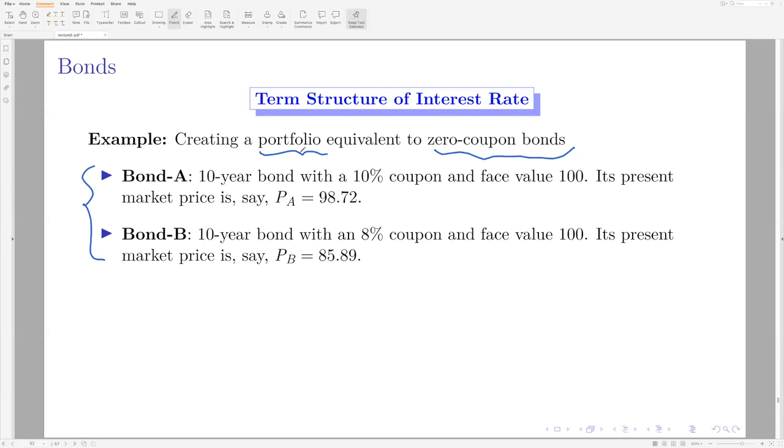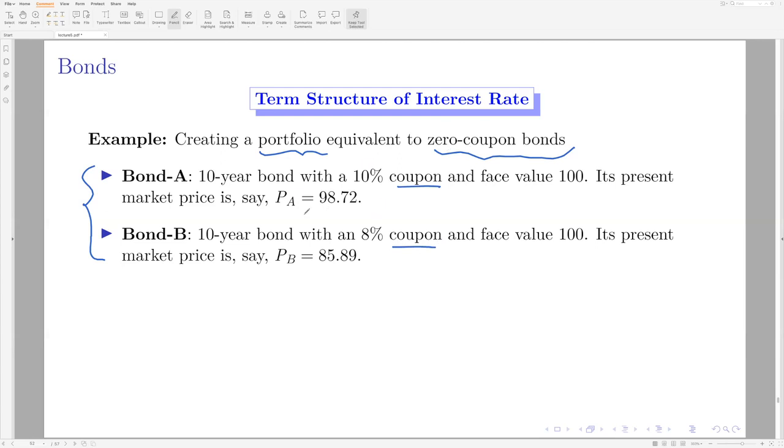Similarly, you have an equity portfolio or a general portfolio where you have assets mixed together, collected together. Some are bonds, some are equity, and so on. So we will try to construct a portfolio out of the coupon bonds, which finally is equivalent to a zero coupon bond.